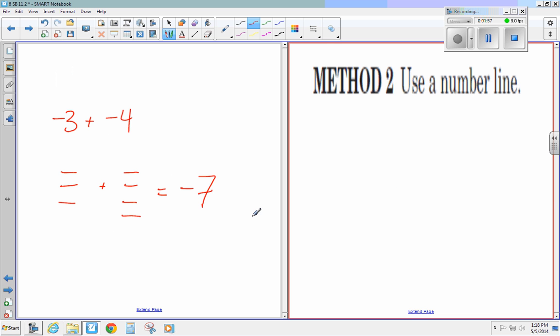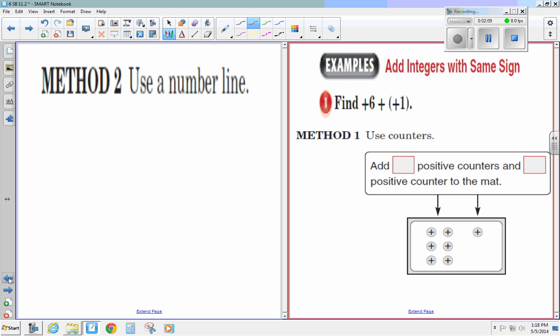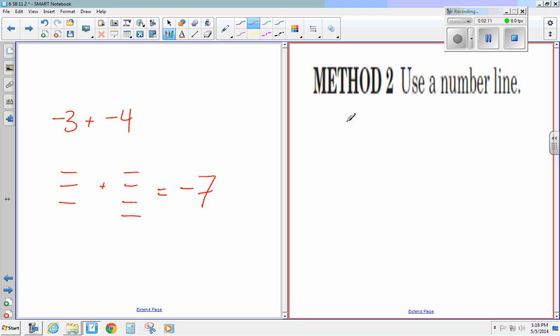Now, using a number line, basically the first thing you need to do is start at 0. So here's a number line, and here's 0. Let's say we're doing a positive 3 with a positive 7.